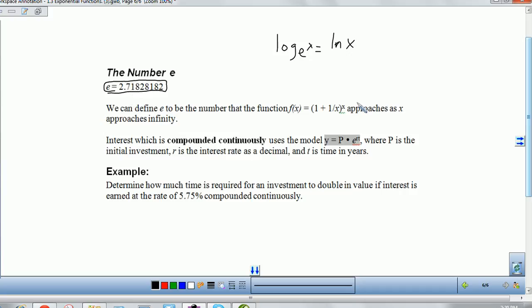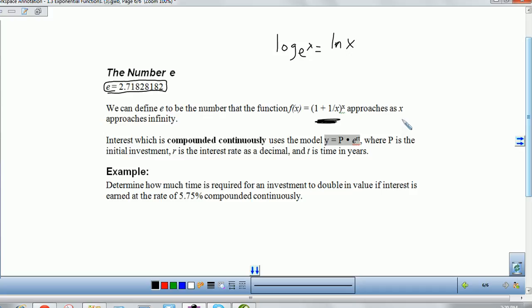Anyway, e comes from this. Here you have the compound interest formula. And what if you compound it continuously? So not 10 times a year, not 20 times a year, not 30 times a year, but an infinite amount of times per year.